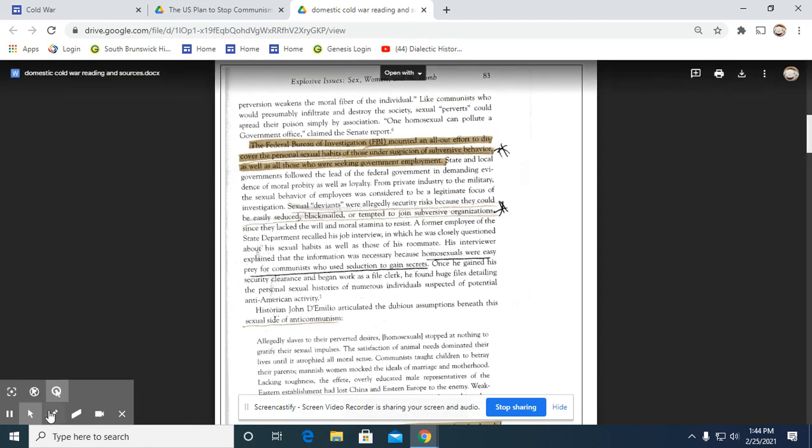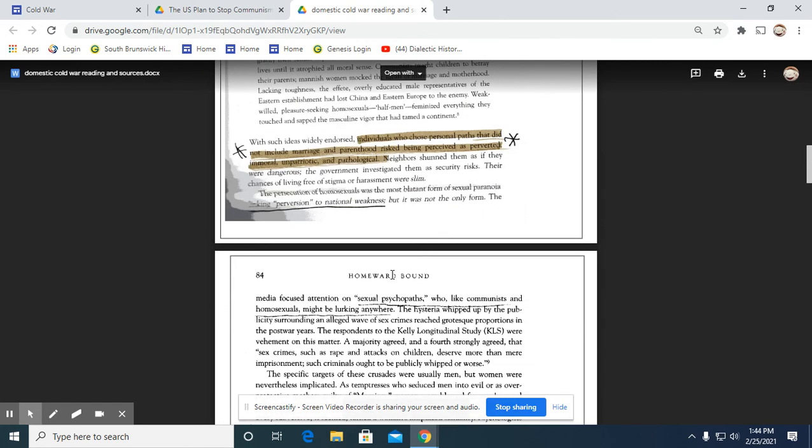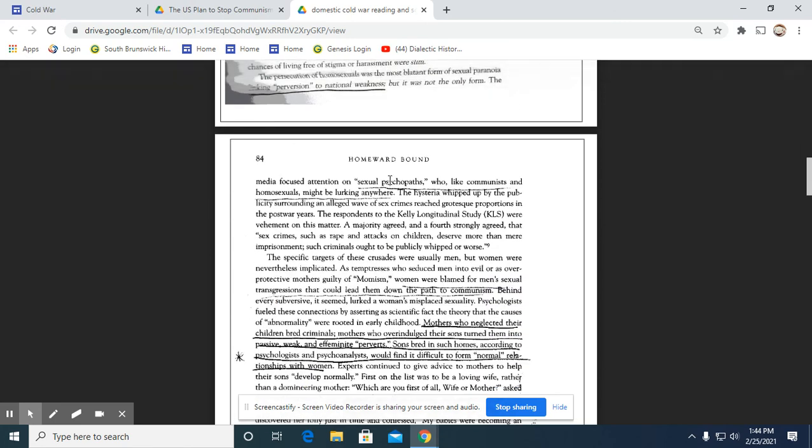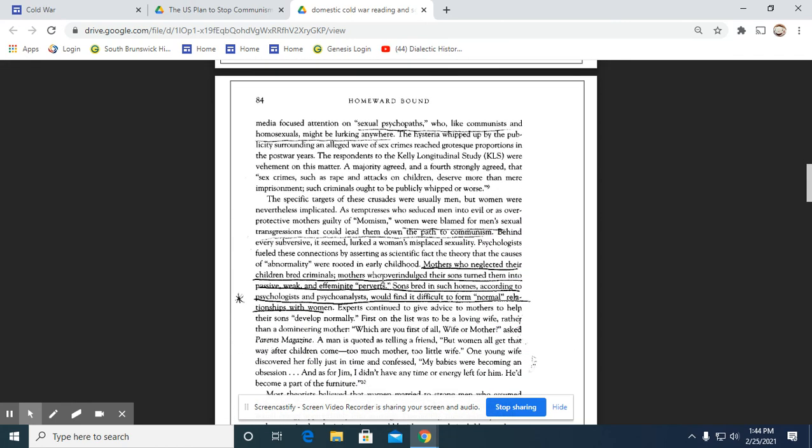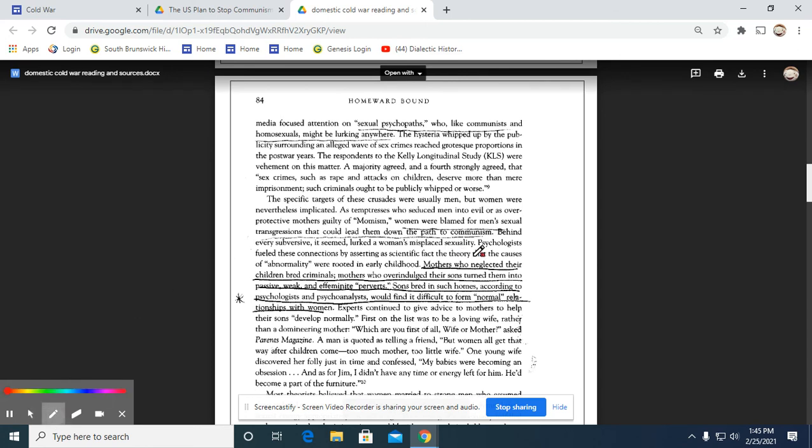let's see, this language here talks about sexual deviants being blackmailed for having some sort of vulnerability, you're more vulnerable to be blackmailed. Here they talk about sexual psychopaths, mothers, look at the criteria, mothers who neglected their children, mothers who overindulged their sons.